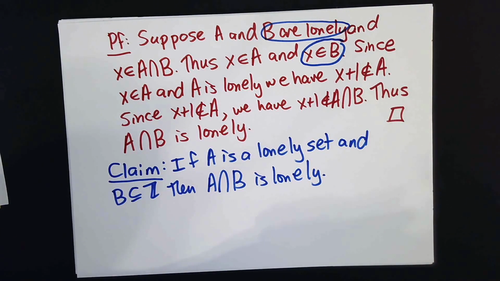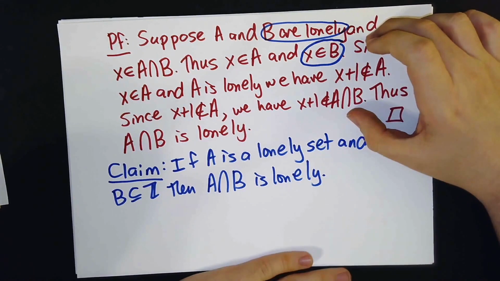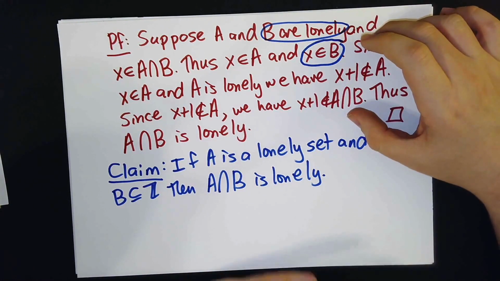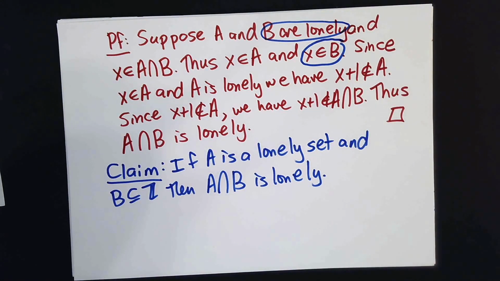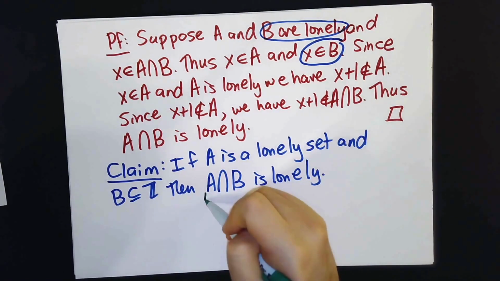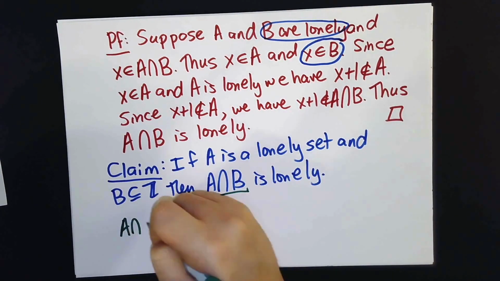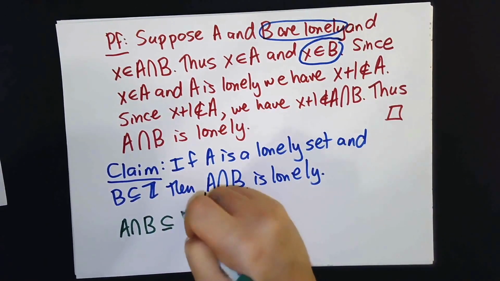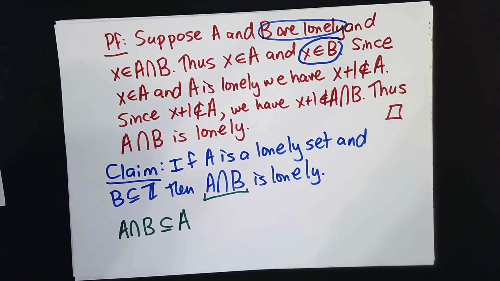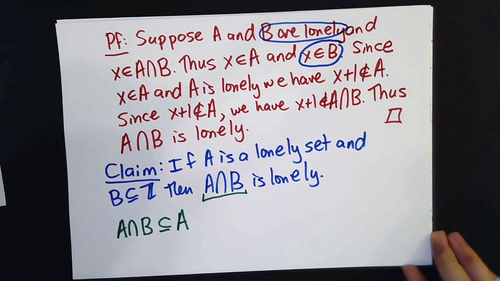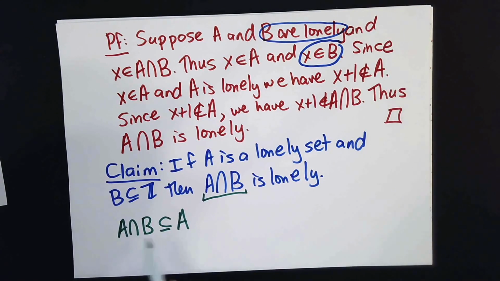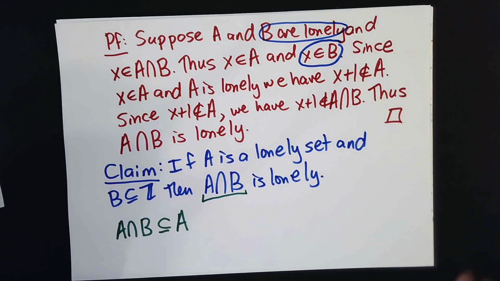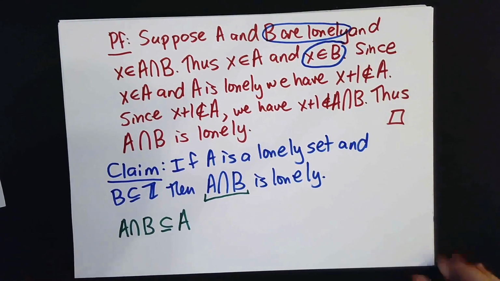But if you stare even more, you might come to notice that this looks awfully familiar. Why does it look familiar? It looks familiar because, in fact, A intersect B is by definition a subset of A. Right? Because A intersect B is the set of things that are in both A and B, so every one of them is in A. So A intersect B is a subset of A. But what was the first thing we proved about lonely sets?